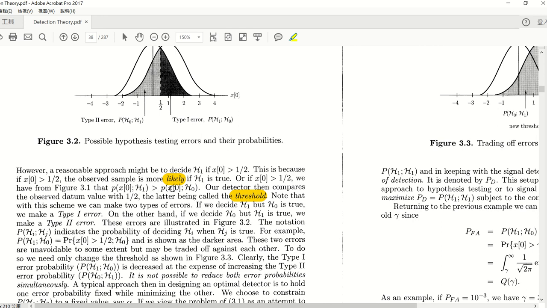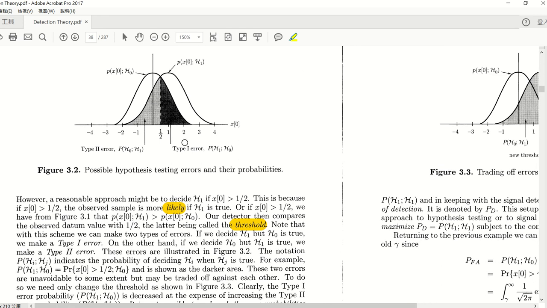Okay, and notice that with this scheme we can make two types of errors. If we decide H1 but H0 is true, we make a type 1 error. Let's take a look. If a sample comes up here, we will say it's from H1. But unfortunately, the truth is it may come from H0. Then we are making a mistake.